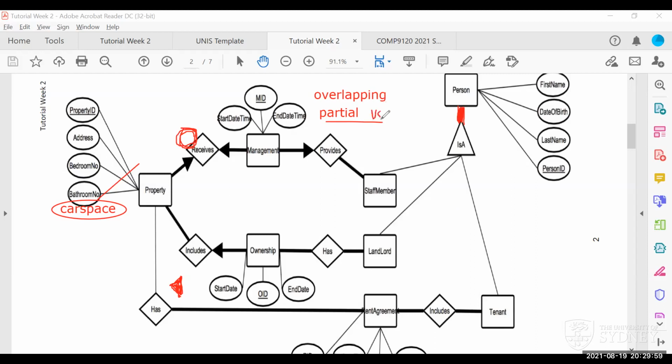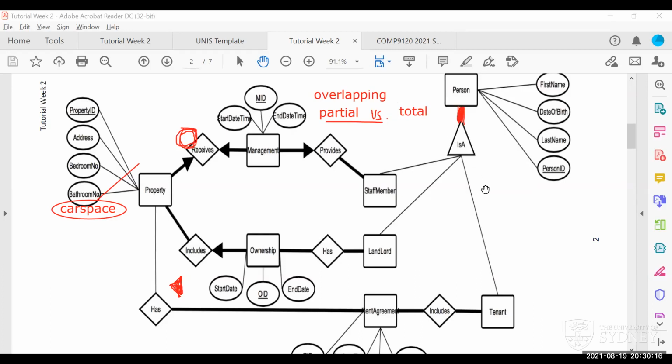So that's the question you need to ask, right? When we have the option between the two, which one is more appropriate? Should we use partial or should we use total? In this case, using total is more appropriate because this is about a real estate company.